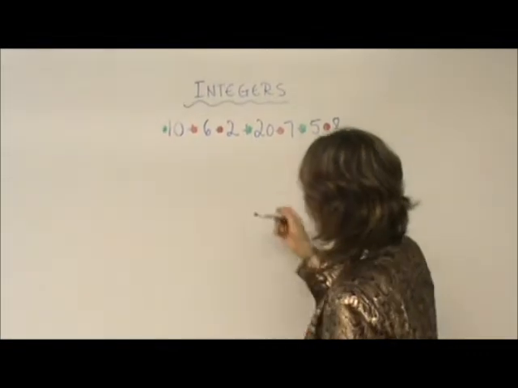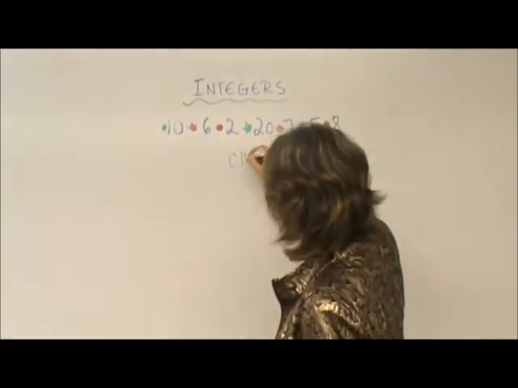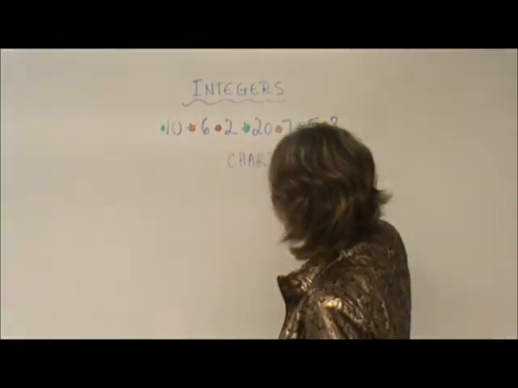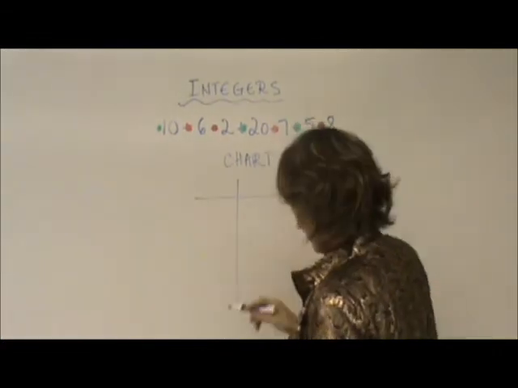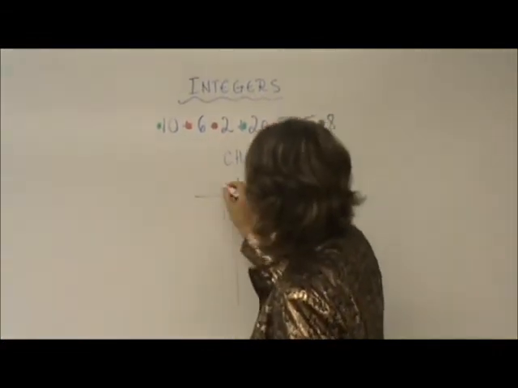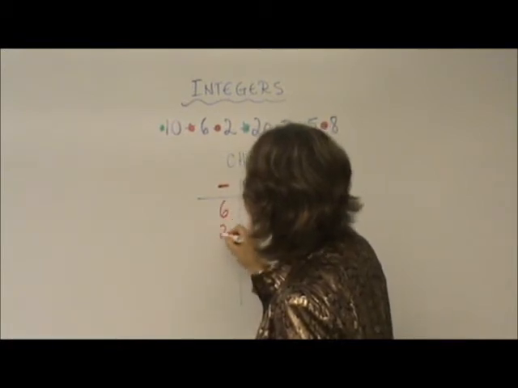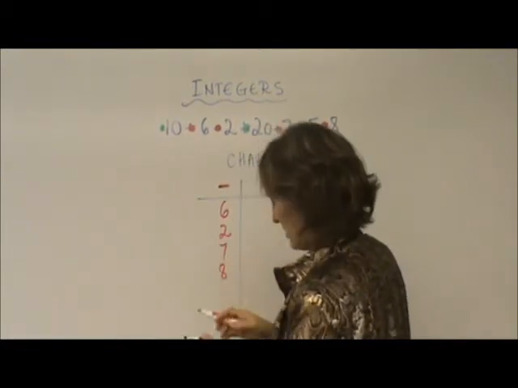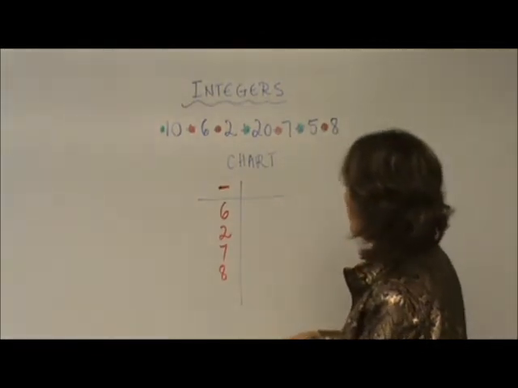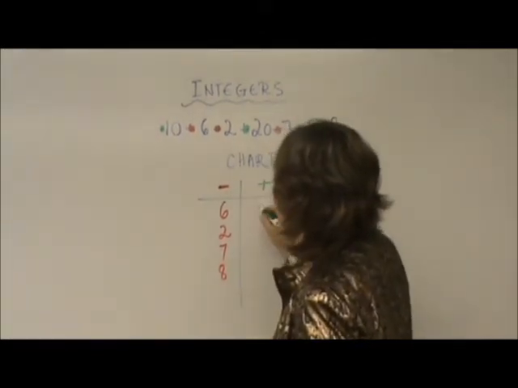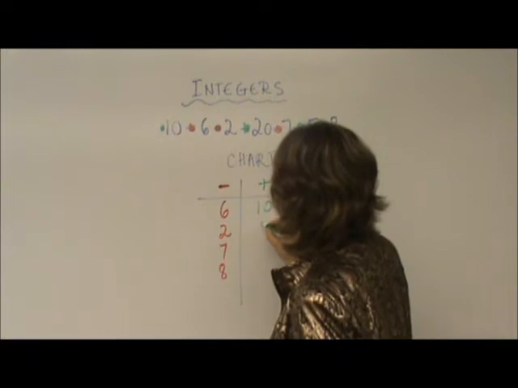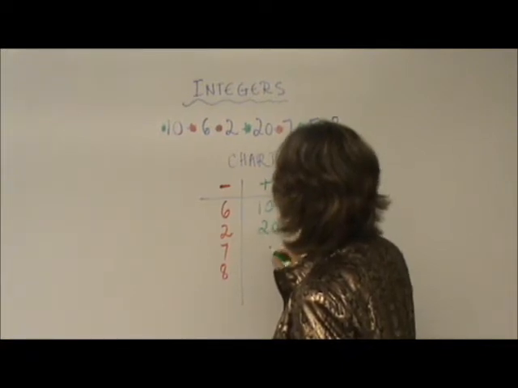And we'll make a chart. I'm going to put all my negative numbers here. There were 6, 2, 7, 8. And I'm going to put all my earning money on the right. 10, 20, and 5.